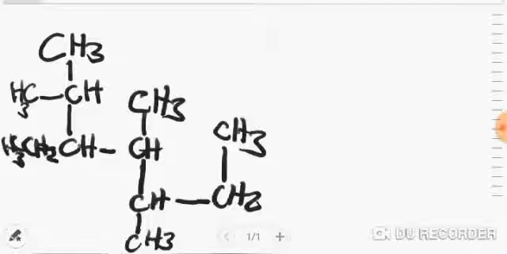So in this structure, remember from the rules we spoke about on the last video, we said you should find the longest carbon chain first. So let's start counting from this one. 1, 2, 3, 4, 5, 6, 7, right? Which means we are dealing with a heptane.